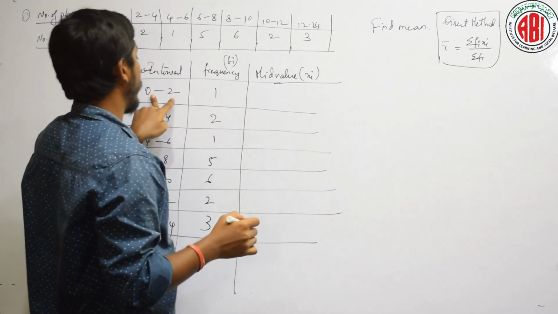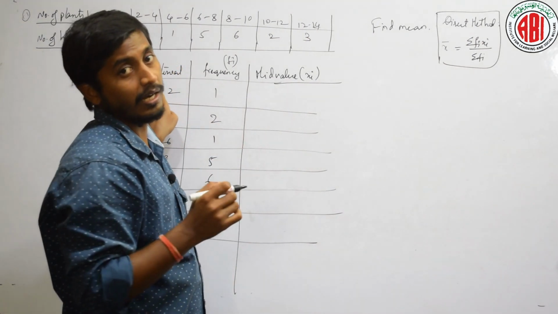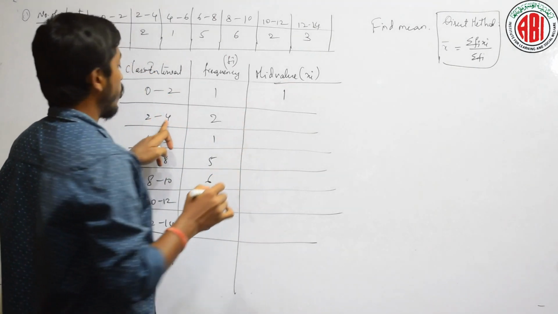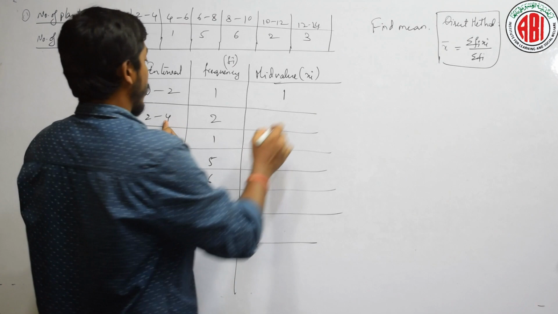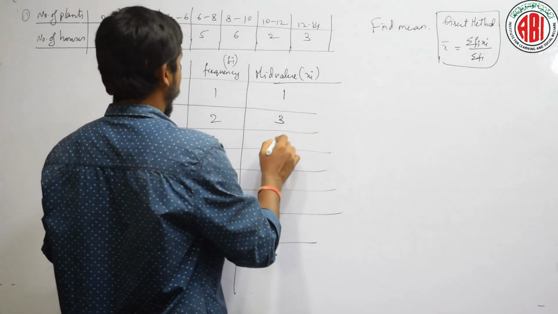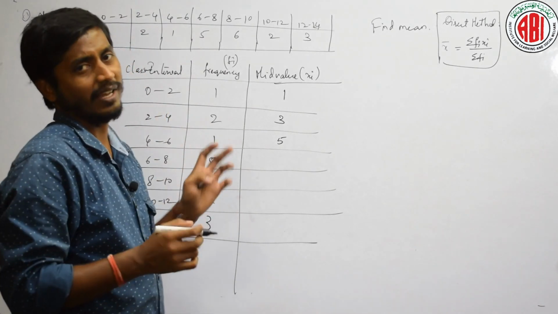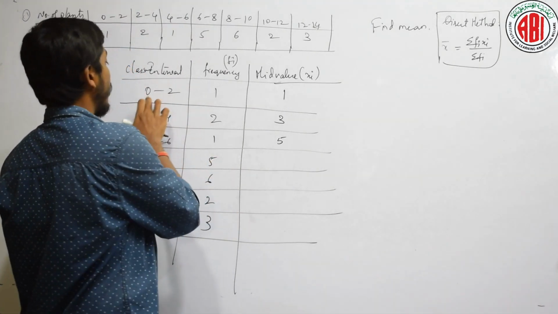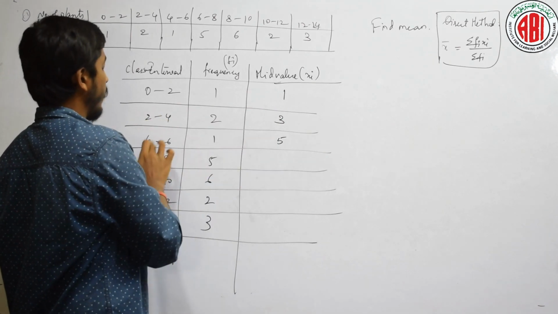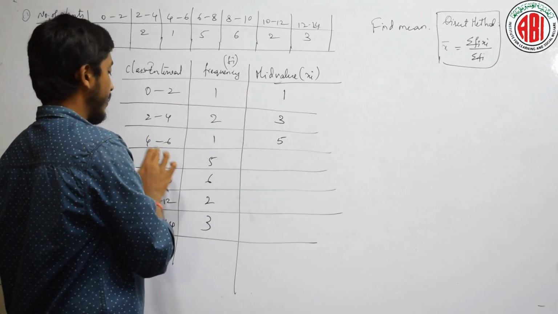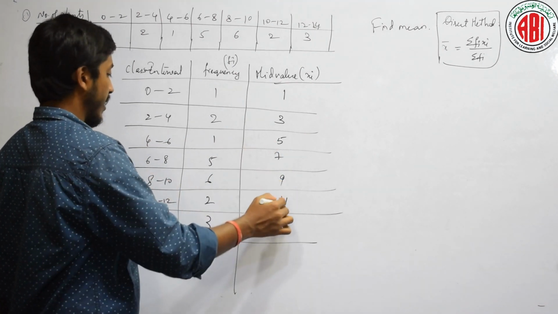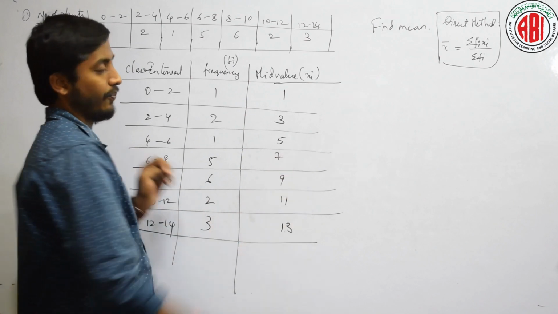That is average of these both, which means I have to add those both and divide by 2. 0 plus 2 by 2, that is 1, 2 plus 4, 6, 6 by 2 is 3, 4 plus 6, that is 10, 10 by 2 is 5, or else for this sum we can directly write it as mid value. 0, 2, what is the mid value here? 1. 2, 4, what is the middle value? 3. 4, 6, middle value is 5. 6, 8, here it is 7, then 9, after 10, 11, 12, 13. Is it okay?